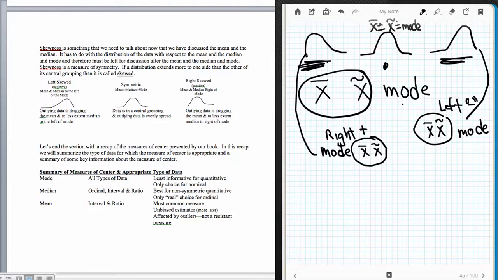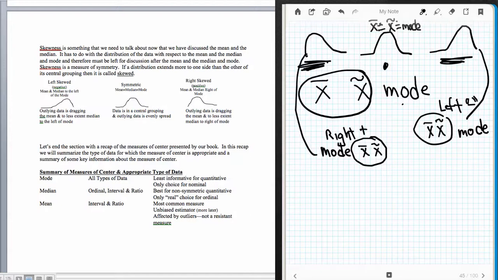Remember that I told you in class that sociologists and psychologists sometimes will differ in opinion on this with statisticians. They will say, well, the mean's appropriate for the type of data that they refer to as a Likert scale, which is truly, in a statistician's eyes, a type of data that is ordinal. So the mean is really only available for quantitative data. It is the most common because most people understand what it is.